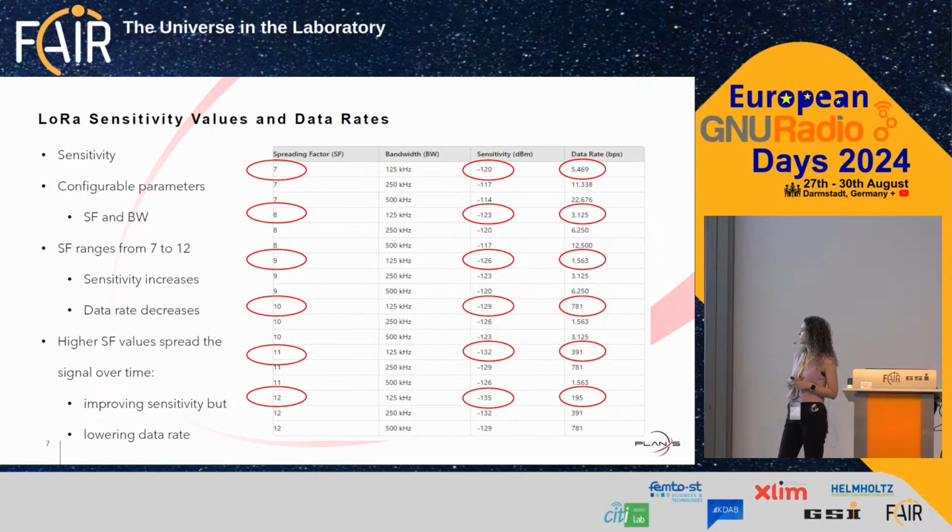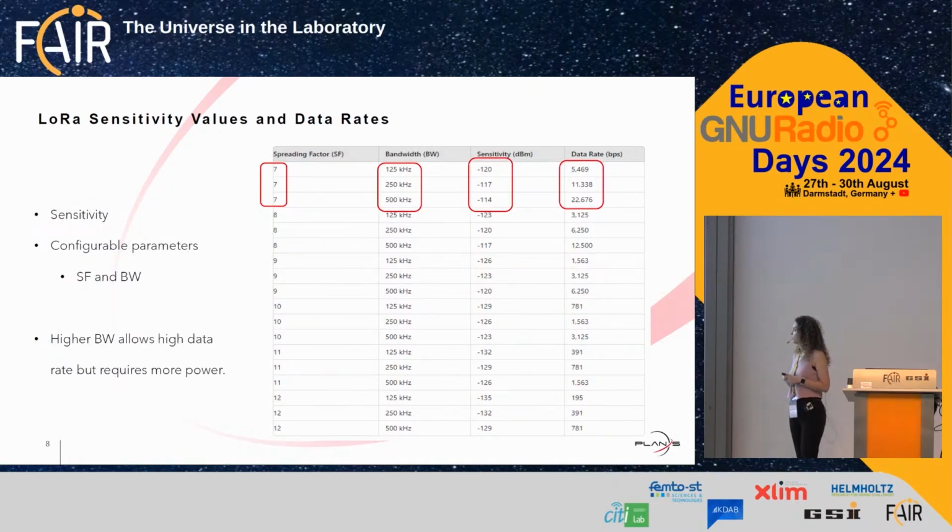And for the same bandwidth value, for example, 125 kilohertz in this case, the sensitivity level improves, but the data rate decreases. So higher SF values spread the signal over time, increasing the chirp duration. This improves sensitivity, but lowers the data rate.